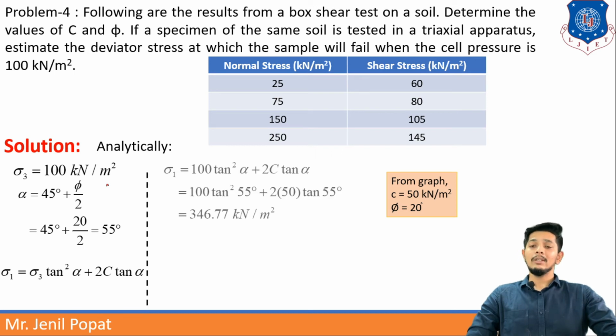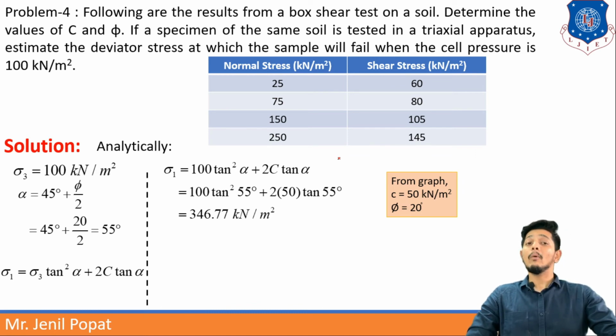I will put the values in that. So sigma 1 is equal to 100 tan square alpha plus 2c tan alpha. Here I know c and alpha both. So I am putting all values in this, and I am getting sigma 1 as 346.77 kilonewton per meter square.